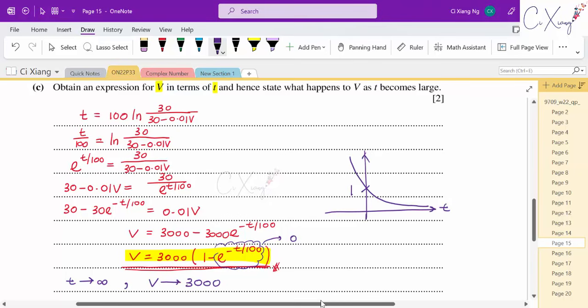Because this one becomes 0, 1 minus 0 is 1. Therefore, the final answer is that V should approach 3000 when t is infinity. Okay, so this is how we answer this question.